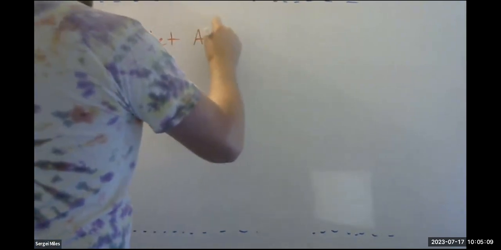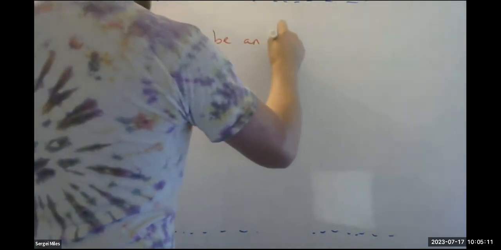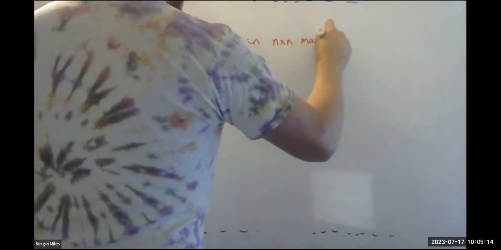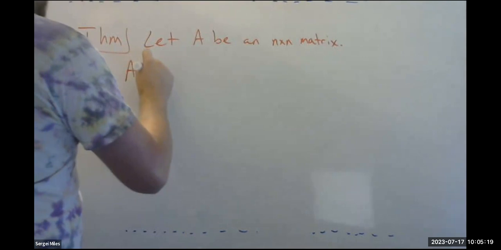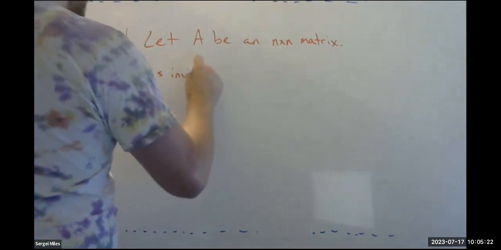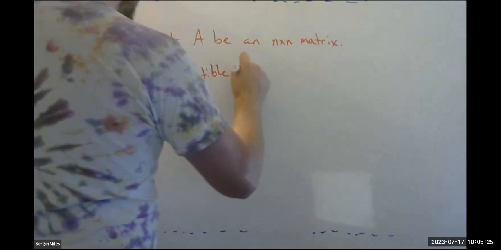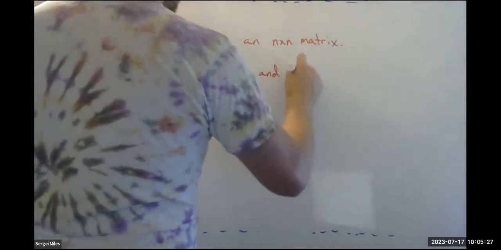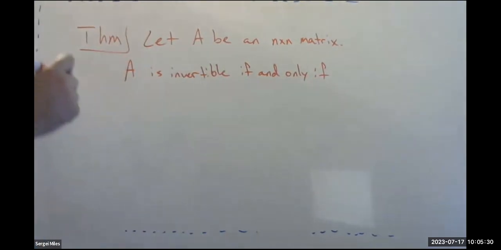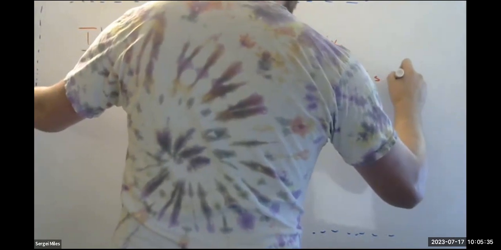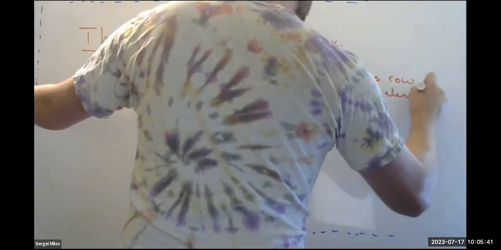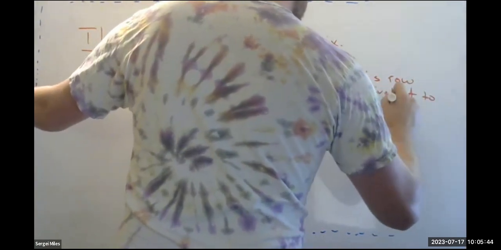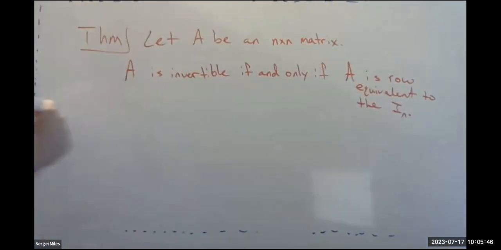Let A be an n by n matrix. Then we're going to say A is invertible if and only if A is row equivalent to the identity matrix for an n by n.